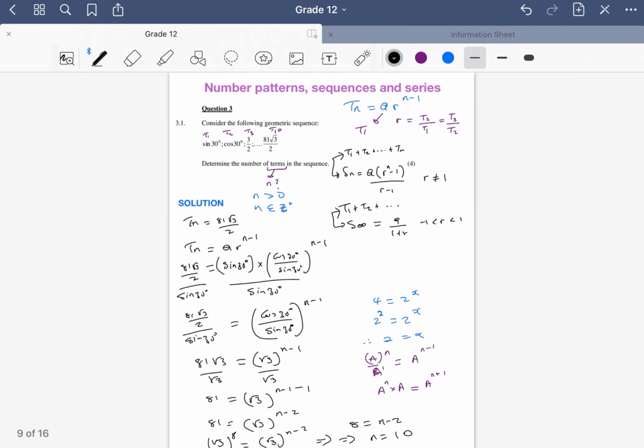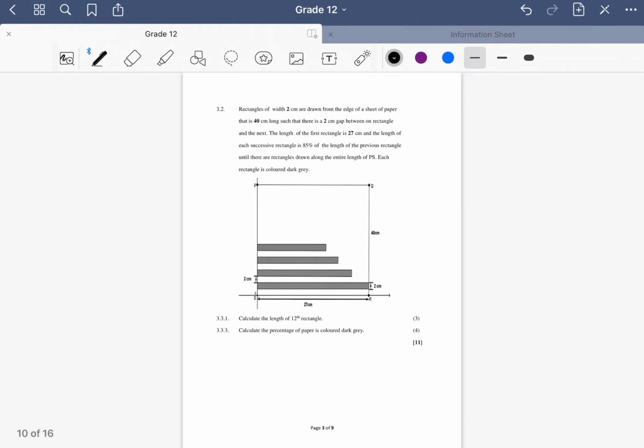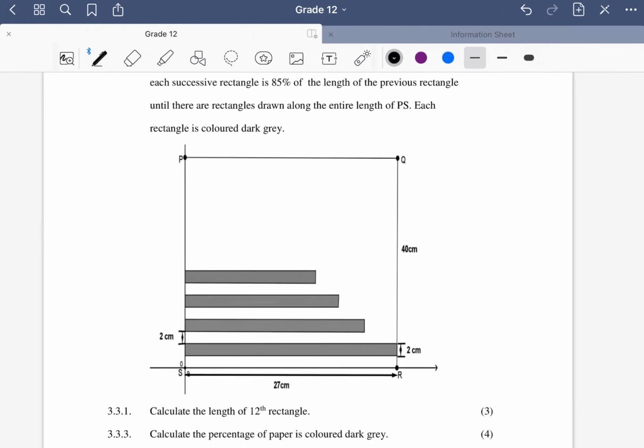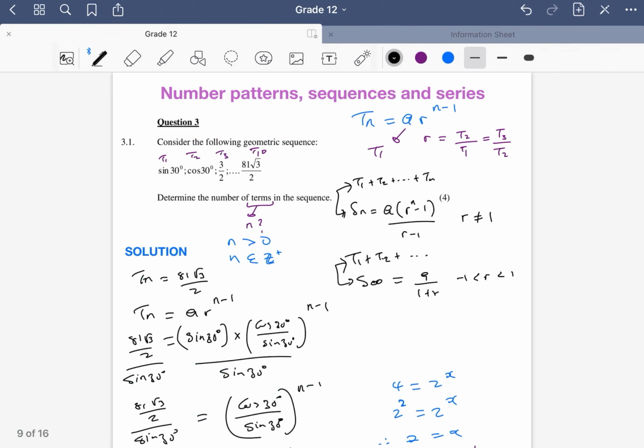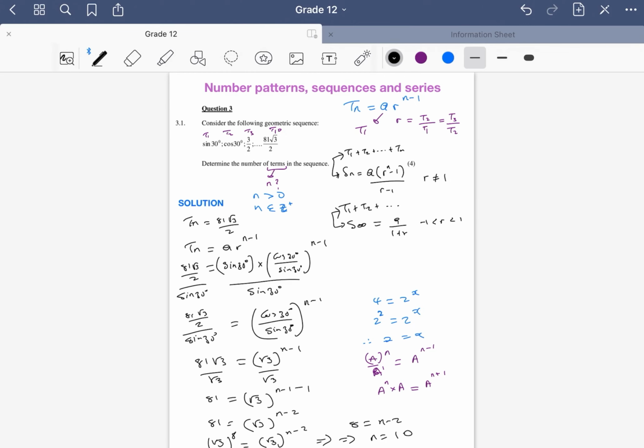So yeah, this is what we've learned, and in the second video of question 3, we'll be doing this amazing question here for 11 marks. And with this one, how many marks was it? It was 4 marks.